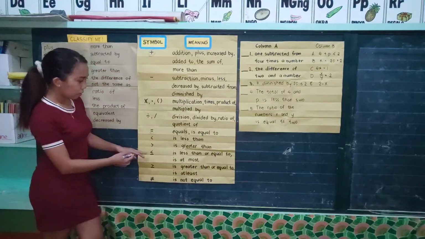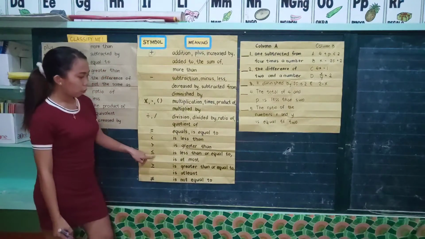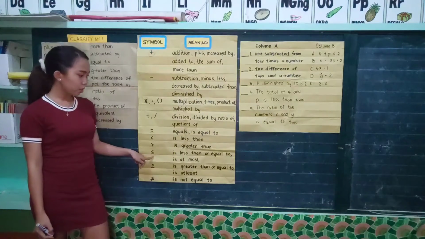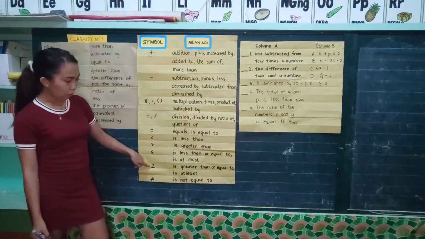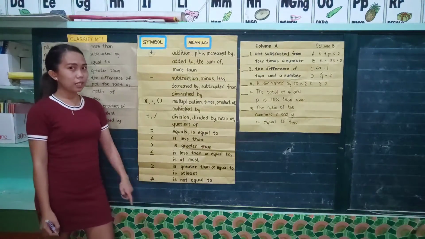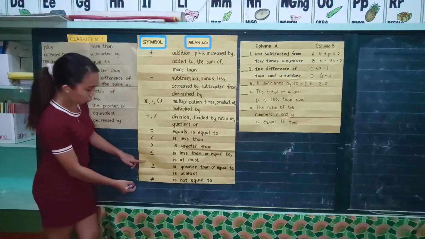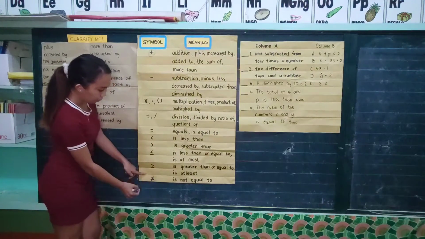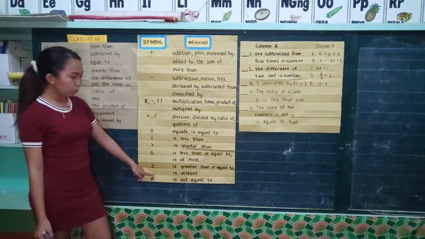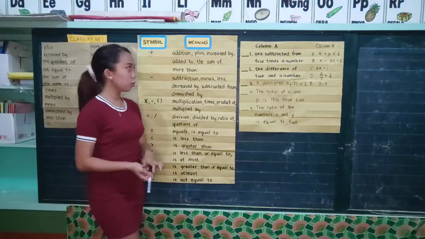And the next one is less than or equal to, or is at most. And we also have greater than or equal to, which means is at least. And the last one, we have this symbol, an equal sign with a slash in the center. It means is not equal to.